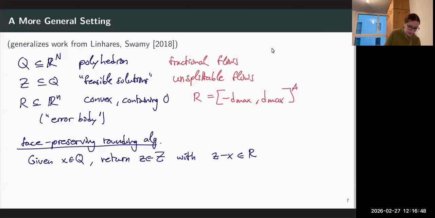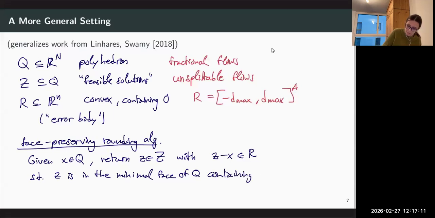Now there's one thing that I should still add. I said I want my rounding algorithm to be phase preserving, so I will need one additional condition, and this is that Z is contained in the minimal phase of Q containing X. Just to give you a picture: if I have my polytope Q here, and perhaps my point X is somewhere here, then I look at the smallest phase of Q that contains X, which would be this one in this case.